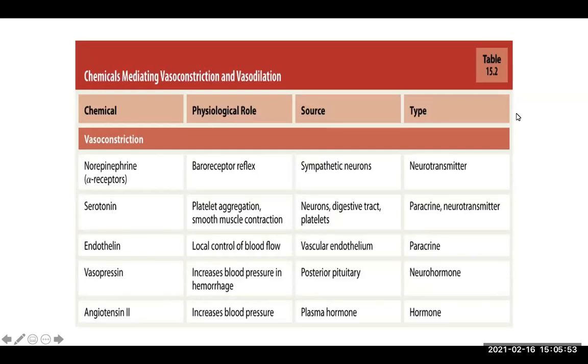So we have different chemicals that are going to mediate vasodilation and vasoconstriction of the body. They're produced from multiple sources. So this particular chart shows you the chemical, its physiological role, the source that it comes from, and then the type of chemical messenger that it is.